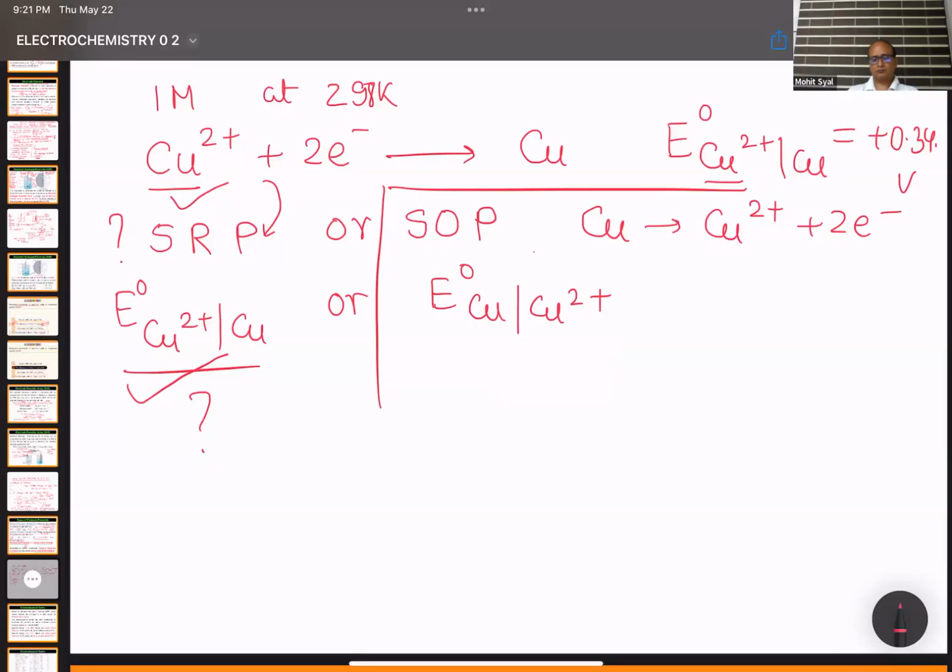So what is the value of this oxidation potential? What value should I write? I have already given you one value.